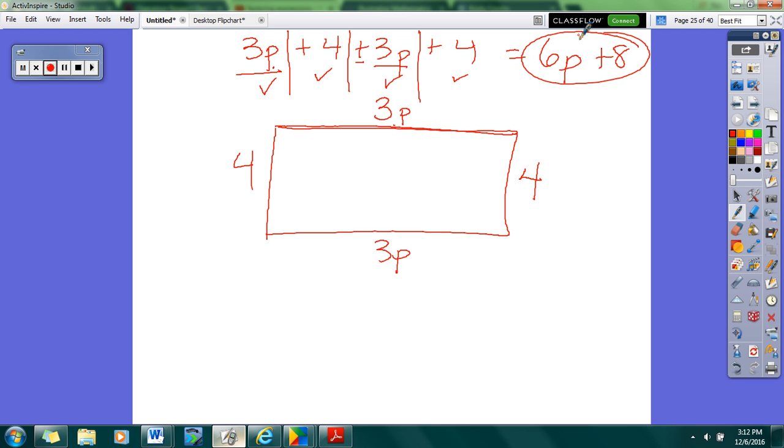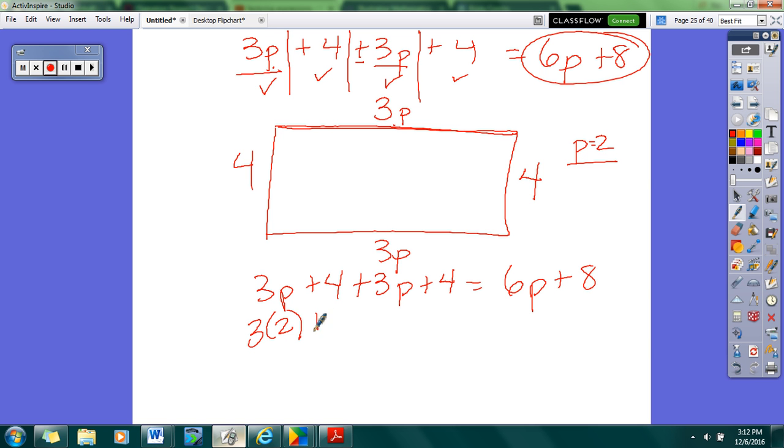The reason for this is, if P equaled 2, in my original expression of 3P plus 4 plus 3P plus 4, I'm going to set that equal to 6P plus 8. Now I'm going to substitute wherever I see P, I'm going to put 2. So it's going to be 3 times 2 plus 4 plus 3 times 2 plus 4 equals 6 times 2 plus 8.